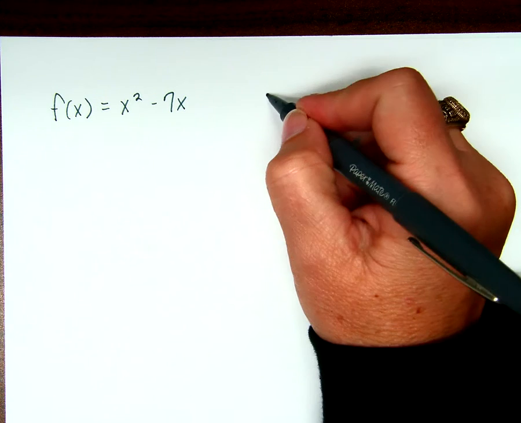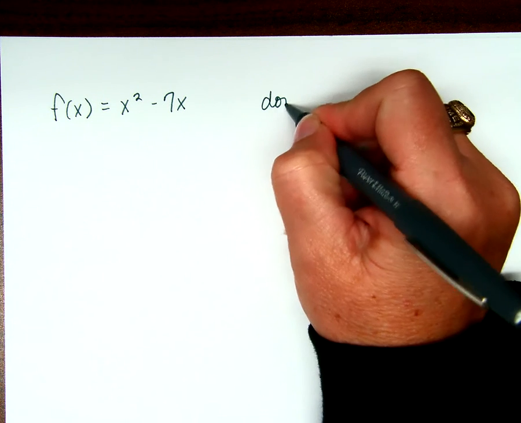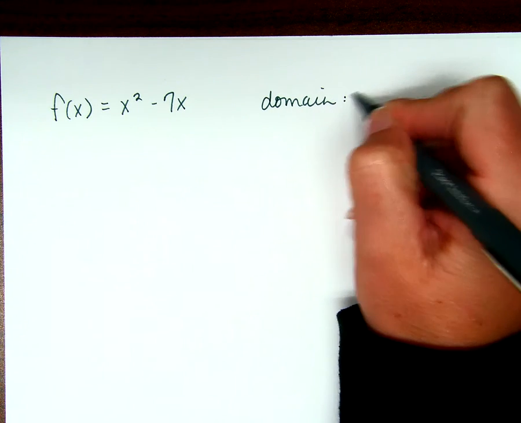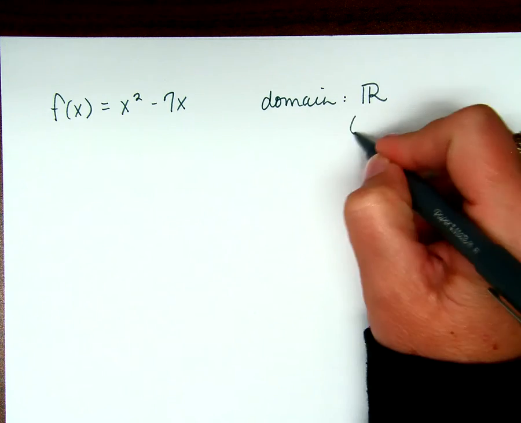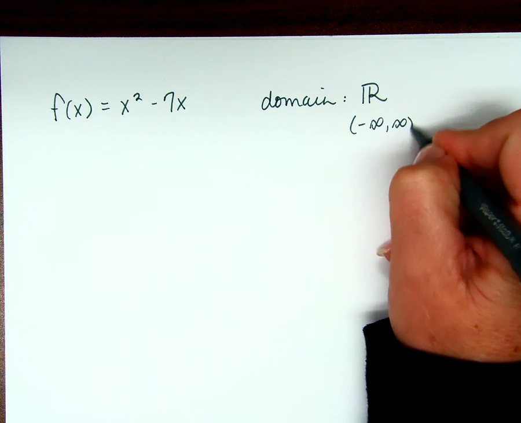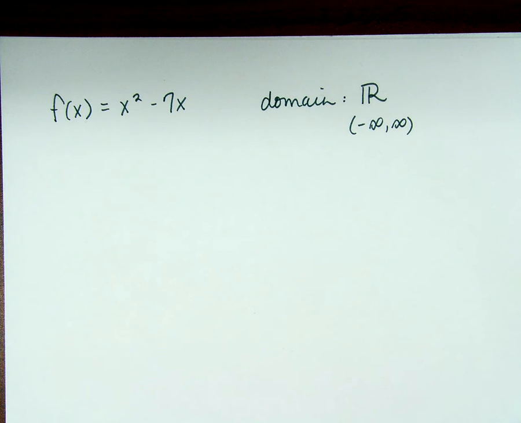No. So our domain is either going to be all real numbers or negative infinity to positive infinity. We're just looking to see, is there something x is not allowed to be? In this specific function, there's nothing x is not allowed to be, so it's all real numbers.